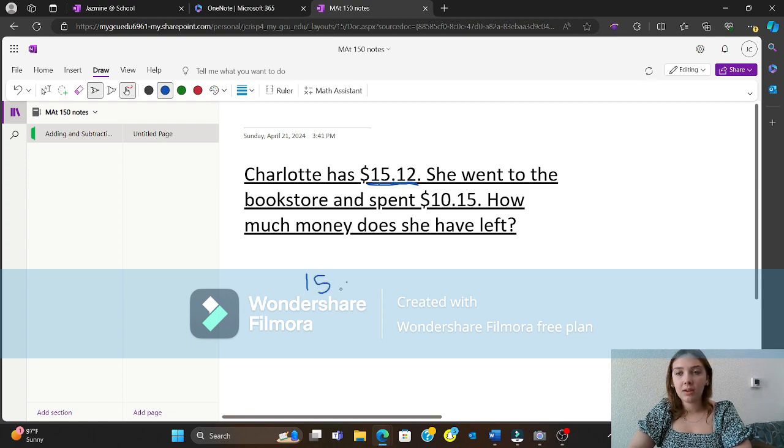She spent $10.15. So spent means she's getting rid of. She is taking away the money she currently has. So we're subtracting. So it's 15.12 minus 10.15. And remember, our first step is lining up our decimal points.